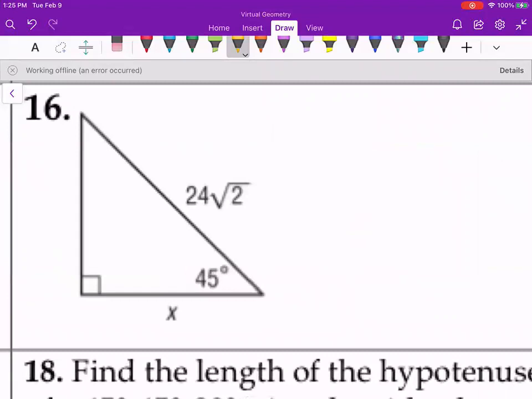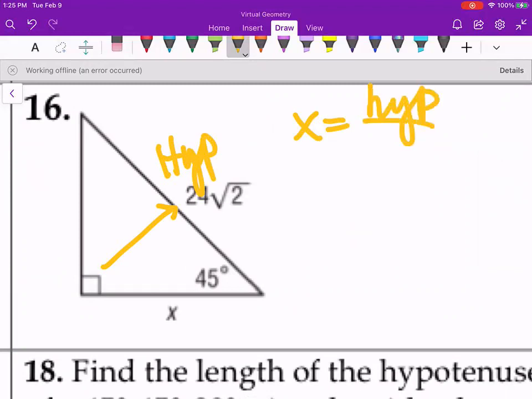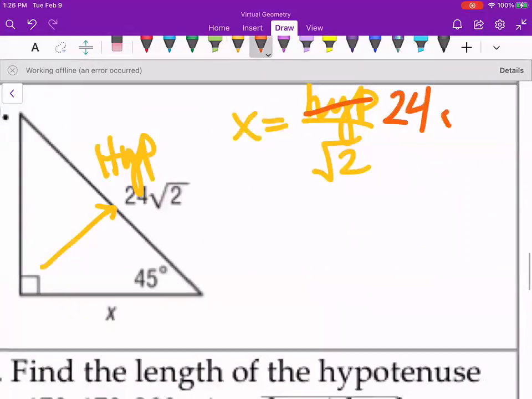All right, let's check out this next one. Again, across from the 90, we have the hypotenuse. We need the leg, so my x is supposed to be hypotenuse divided by square root 2. So my hypotenuse is 24 square root 2.